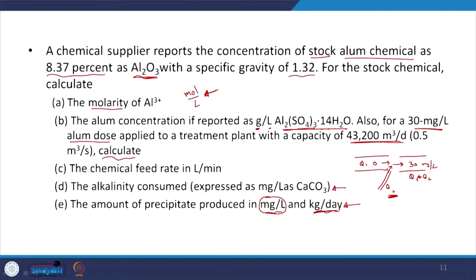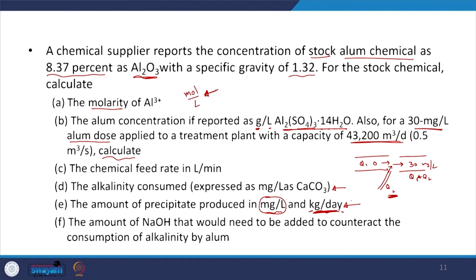But to say that something has precipitated out and that is per liter does not really work out. So, then you have to clearly specify milligram of this particular aluminum hydroxide has precipitated out from 1 liter of solution. So, that is something that we need to be clear about, and obviously how much mass of the aluminum hydroxide has precipitated out per day.